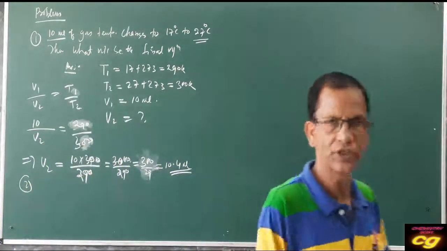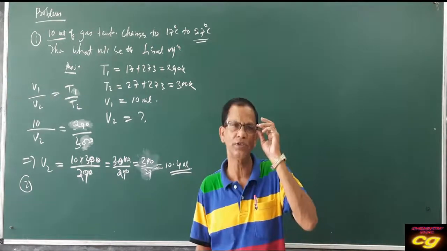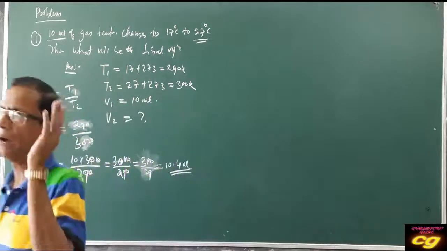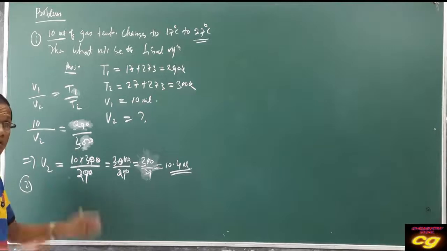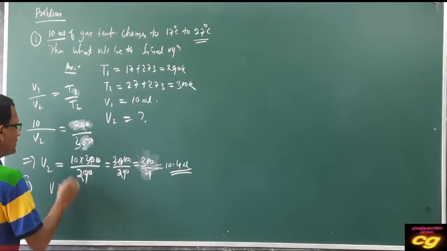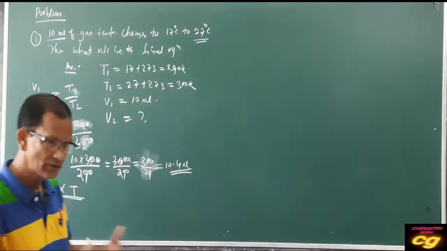Due to more friction, the temperature of the tire increases. Due to the increase in temperature, the gas temperature increases. When the gas temperature increases, the volume of the gas, the volume of the tube or tire, will increase, as V is proportional to T.